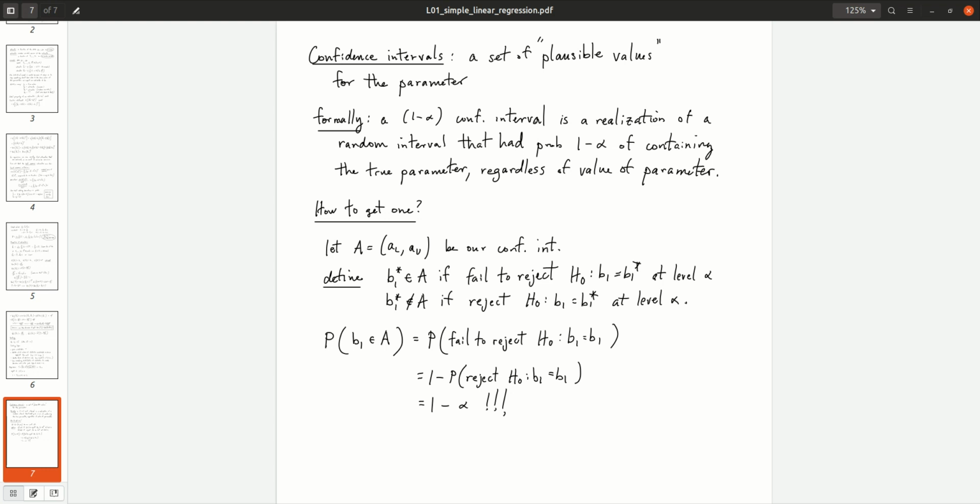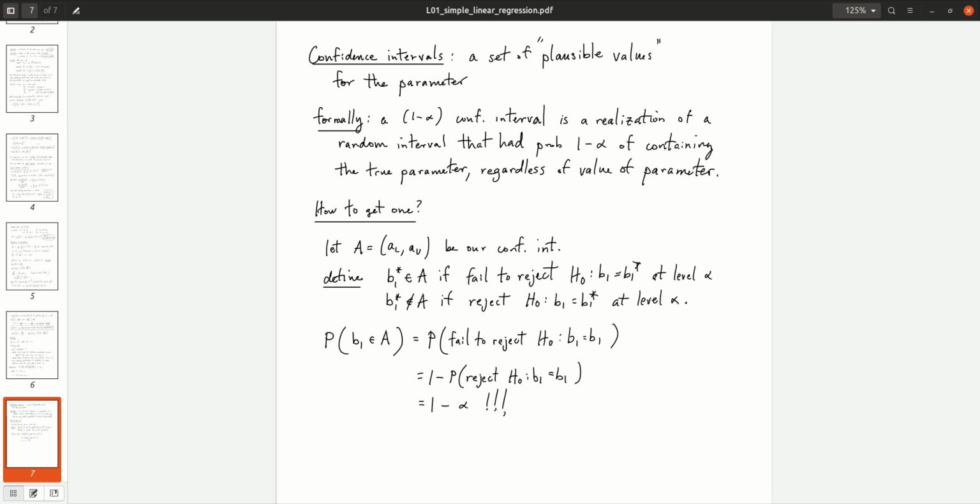What I mean by that is that we can't rule out that 1.2 is the true value of B1 based on the data that we've observed. So that's the heuristic definition. It's a set of plausible values for the parameter.